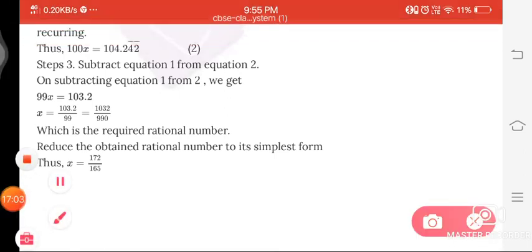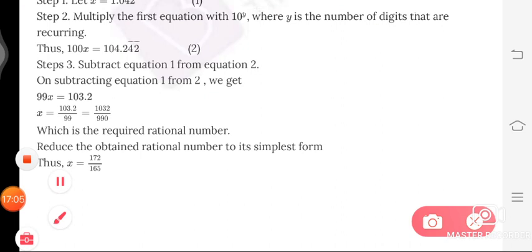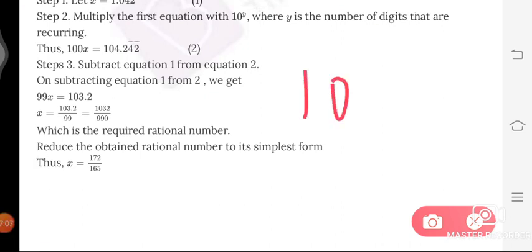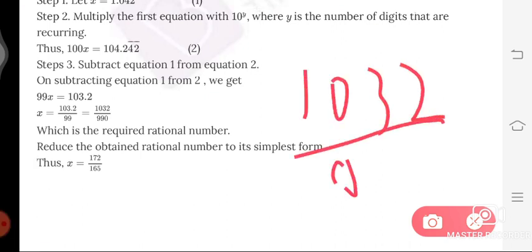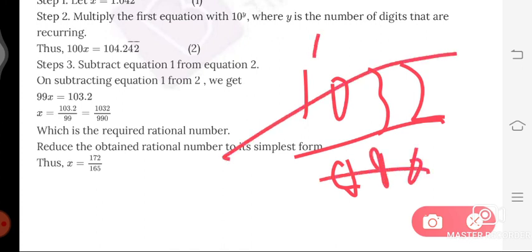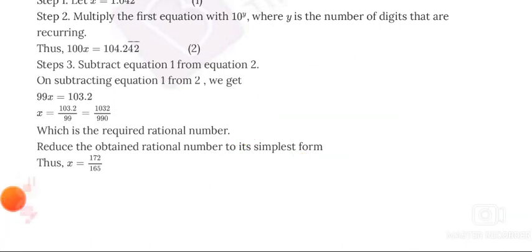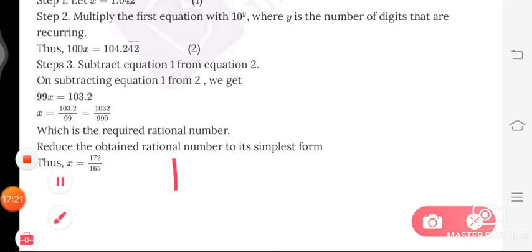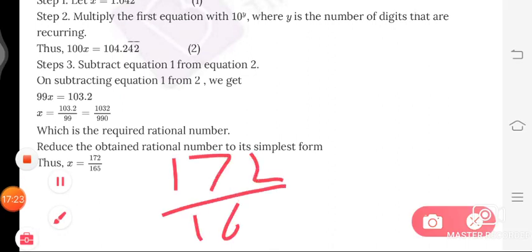Then we reduce and convert it into the simplest form, so 990, so 172 by 165. So x will be 172 by 165.